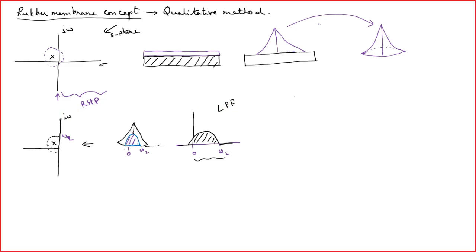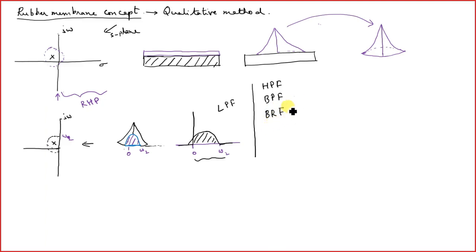Okay. Now, what are the other types of filters? The other types of filters are high pass filter, band pass filter, band reject filter.